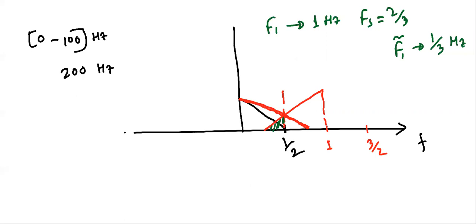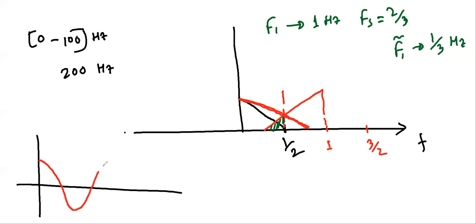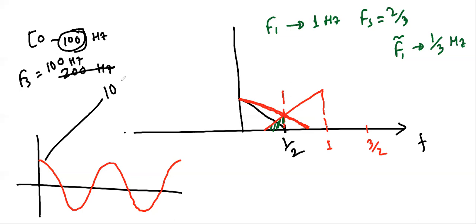I can give you a very simple example here. For a signal like this, if I choose the value of Fs equal to 100 hertz. So our signal is, let's say, this red one at 100 hertz, and we are choosing the sampling frequency equal to 100 hertz.